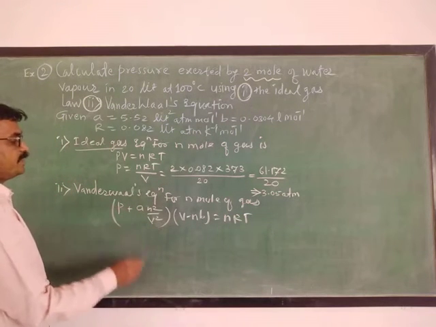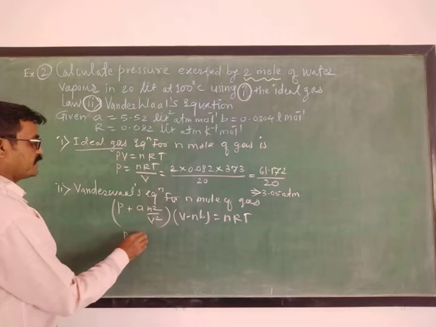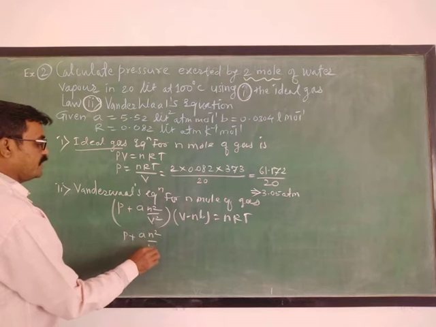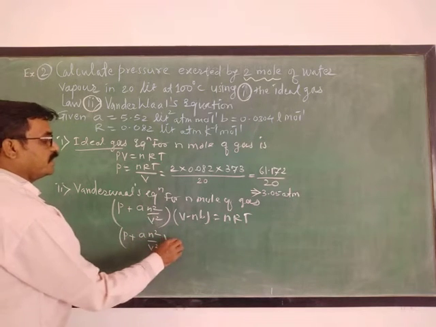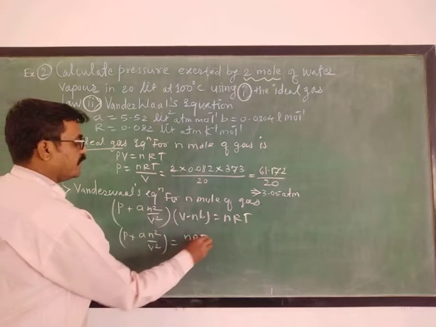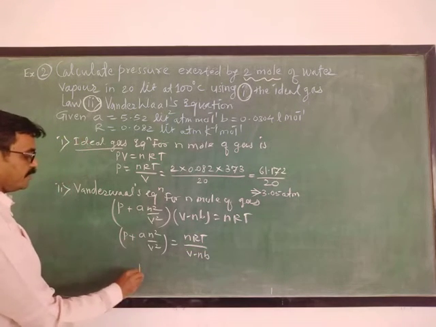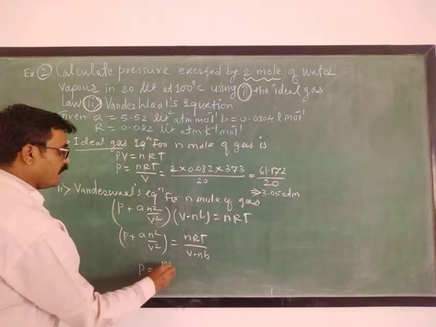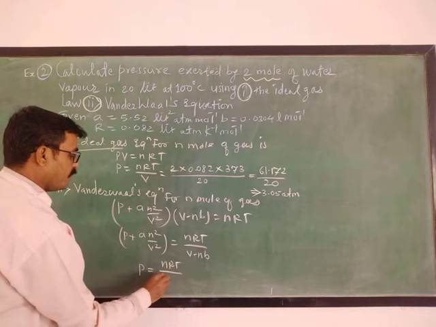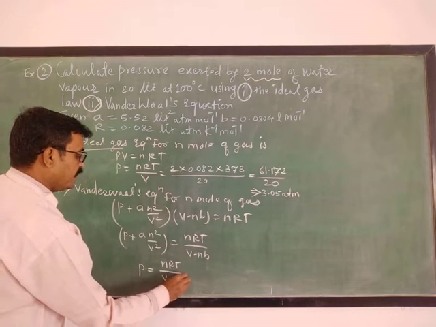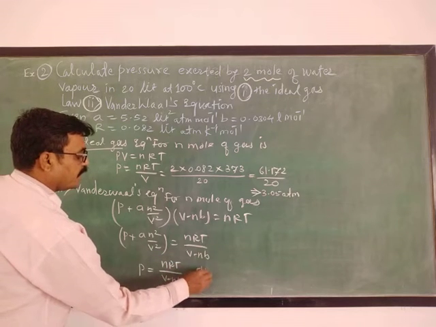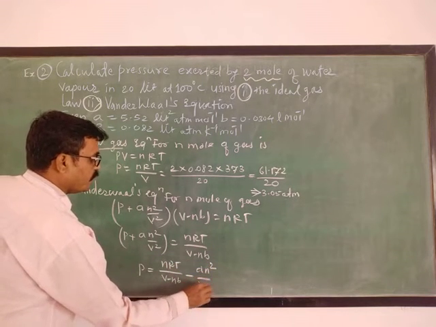Now you have to calculate P. Again P plus A into n square upon V square equals nRT upon V minus nB. Then again P equals nRT upon V minus nB minus A into n square upon V square.